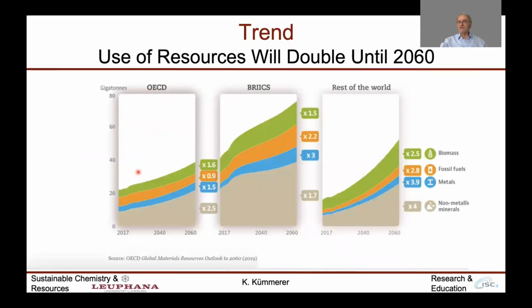What are trends of the future? One trend is that there will be, for different reasons, ever new products, better functionality, but also increase in global population, increase in living standard. This will relate to an increase in resources also. And that's biomass, but also fossil fuels, and also metals.